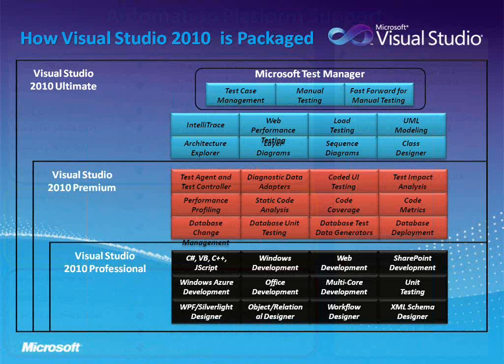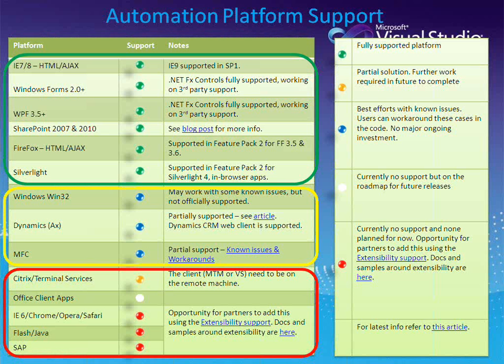Even Java-based applications it doesn't support. SAP applications it doesn't support. But Silverlight and Firefox, yes. Now we need to add Feature Pack 2 for this Firefox support as well as Silverlight support. So this is about the platform support, and they are working on it.